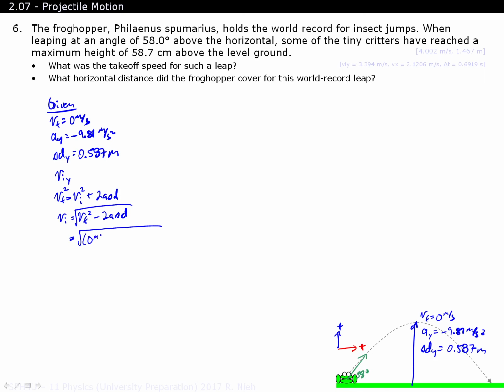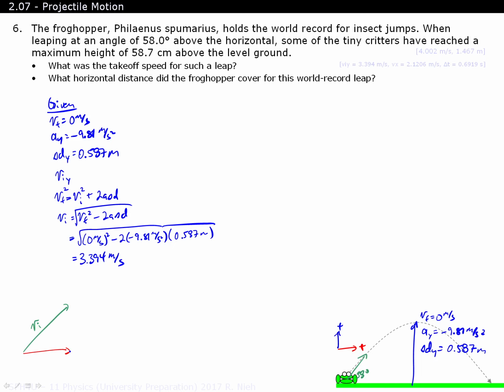So Vf goes to 0 meters per second, so 0 minus 2 times negative 9.81 meters per second squared times a height of 0.587 meters will give us a Vi of 3.394 meters per second. Okay, let's just draw the projection one more time. All right, so here is our Vi.